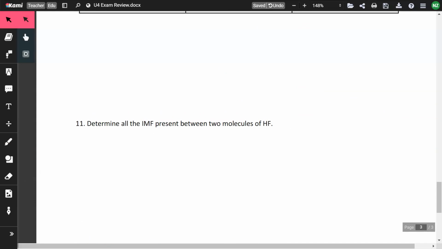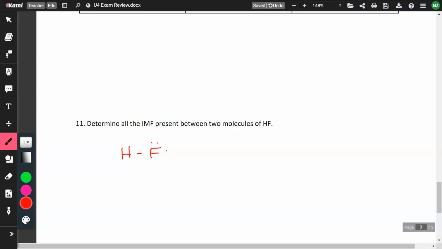Okay, determine the IMF present between two molecules of HF. So let's draw this out. Okay, so for this one here, it's going to be polar. So automatically, since it's polar, you're going to have London dispersion, and you're going to have dipole-dipole automatically.